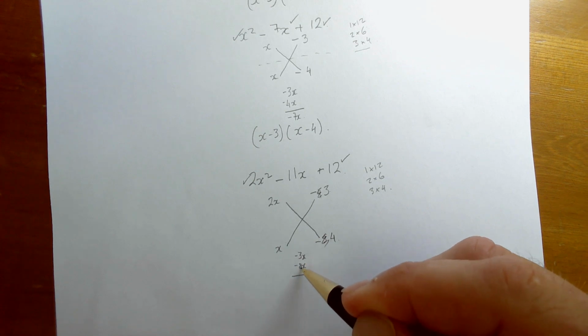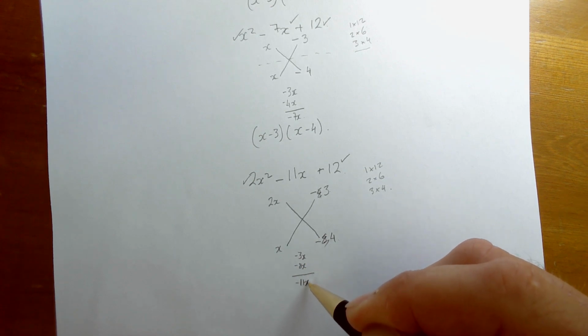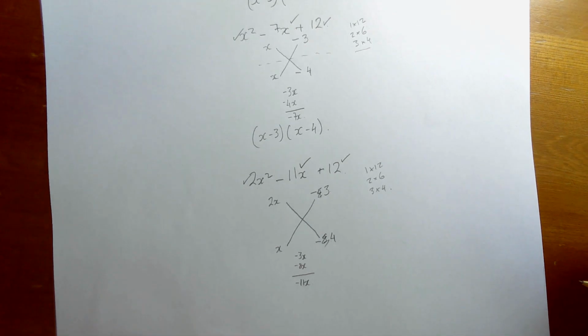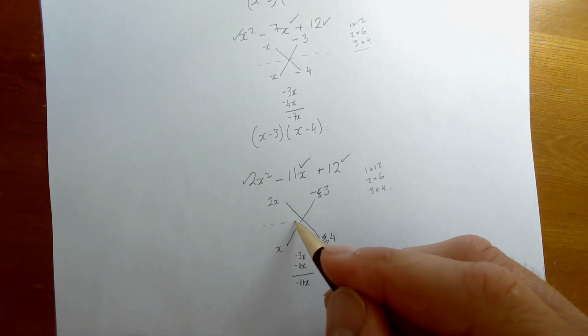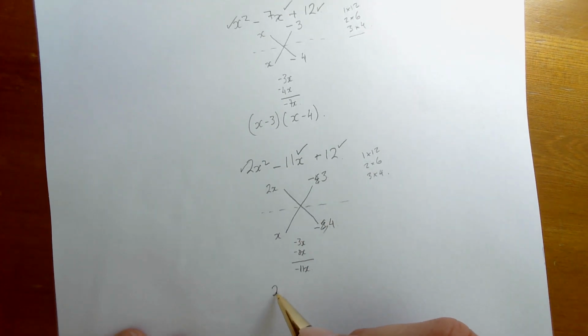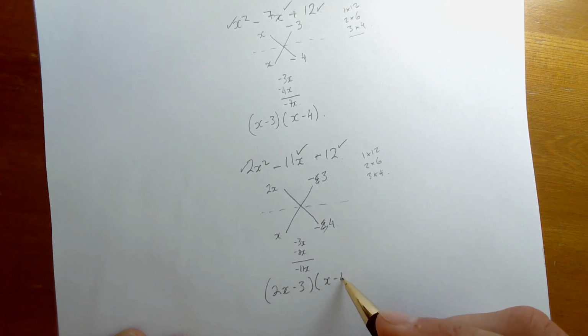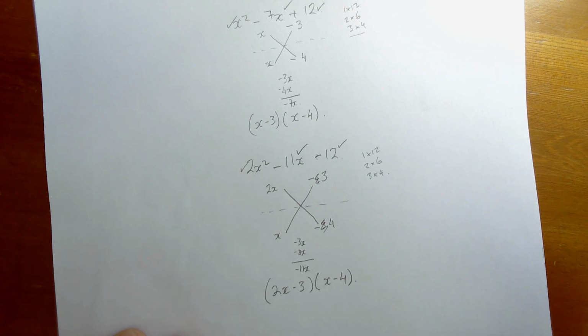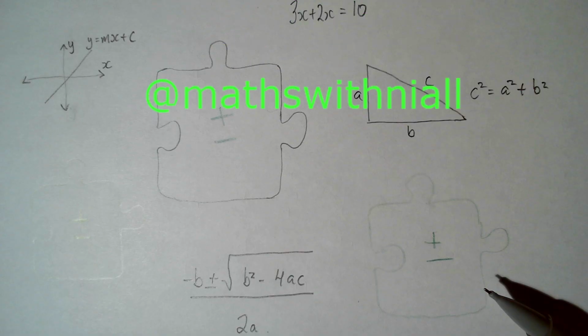And then we can say that minus 3x minus 8x gives us minus 11x. And isn't that just what we want? So now we can draw our dotted line across, and we can say that 2x minus 3 times x minus 4 are the factors of 2x squared minus 11x plus 12.